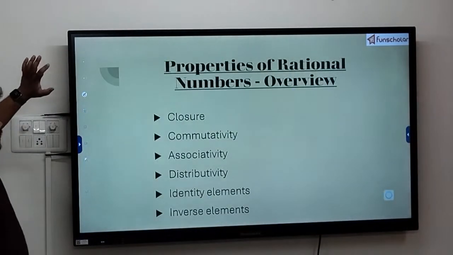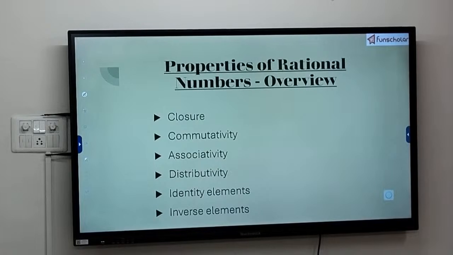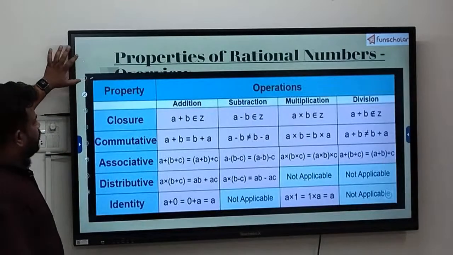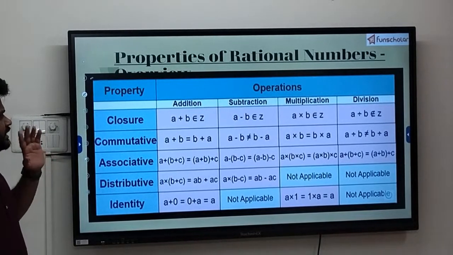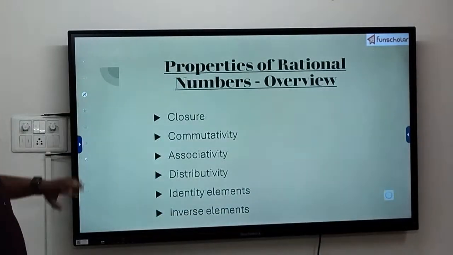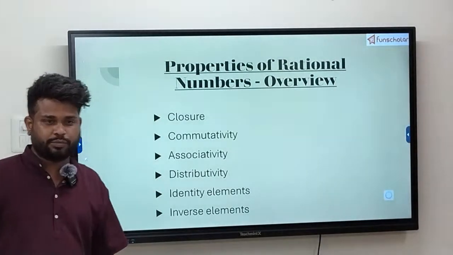Okay, so here is the properties of rational numbers overview. We started it in the last class. This is just the table. I will explain it; I have started with the closure property. What is the closure property?